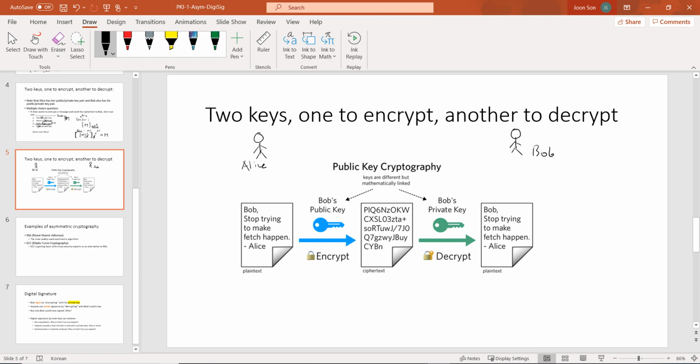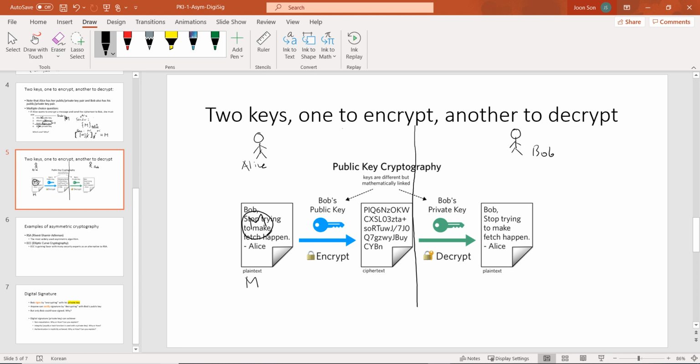And then Alice has a plain text message M, right? This is the plain text M. And this is what Alice does. Alice uses Bob's public key, the receiver's public key.